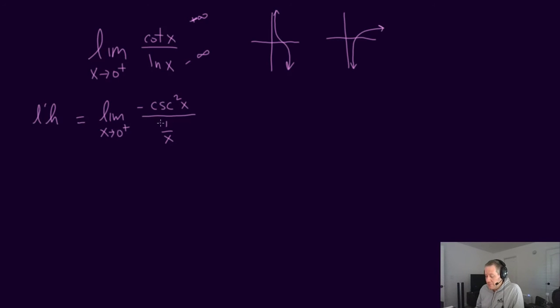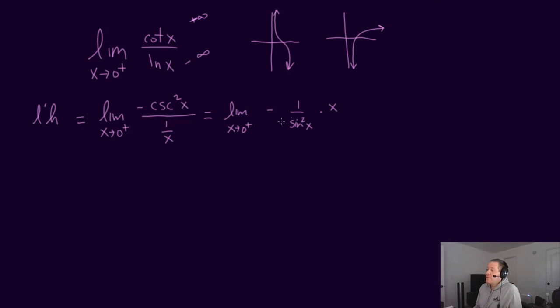we could have dealt with this, which would be changing this expression into the limit as x goes towards 0 plus, treating the cosecant as a 1 over sine squared, so negative 1 over sine squared, and then remembering that dividing by 1 over x is the same as multiplying by x.